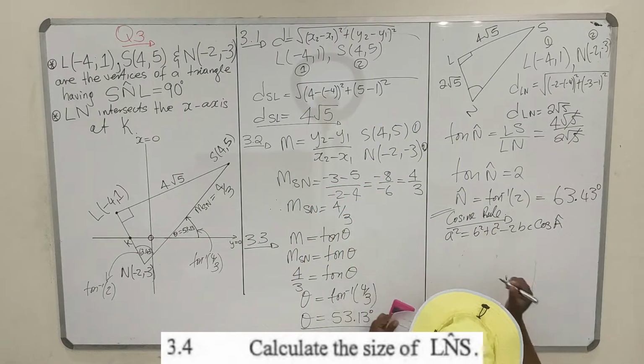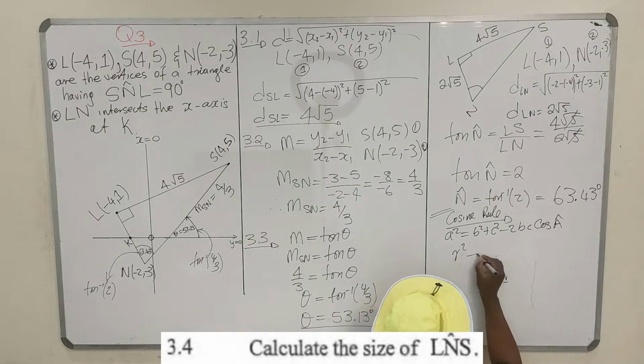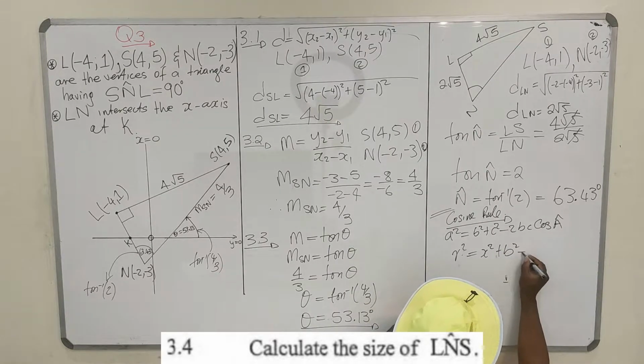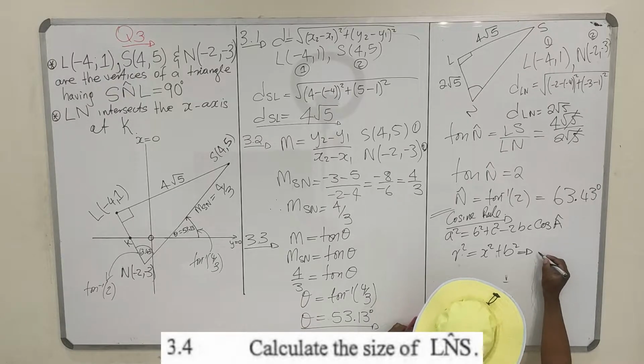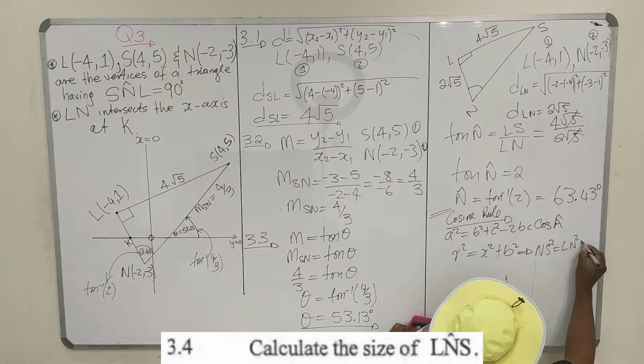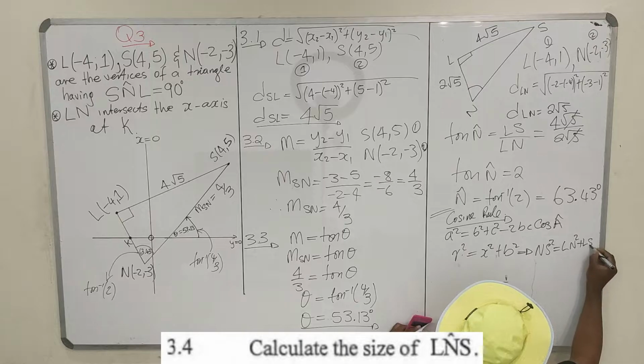You say r squared is equal to x squared plus y squared, right? Which means NS squared is equal to LN squared plus LS squared.